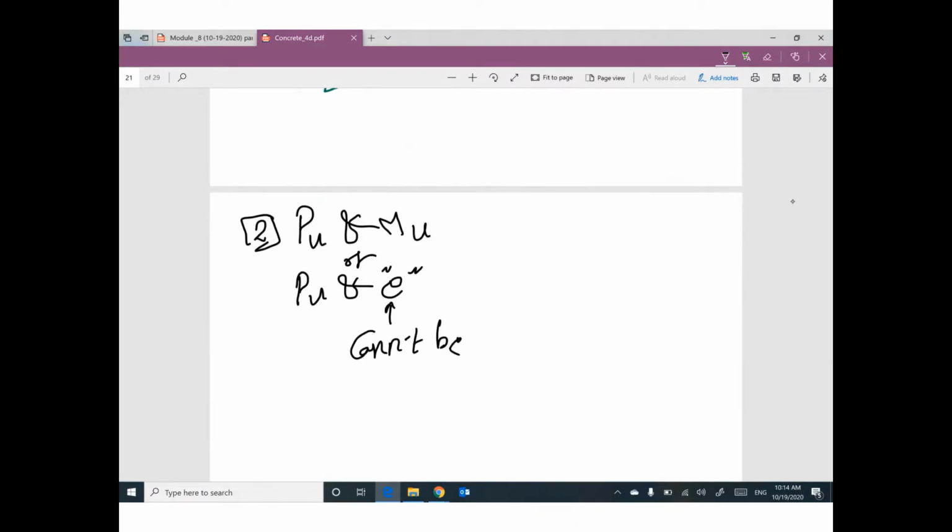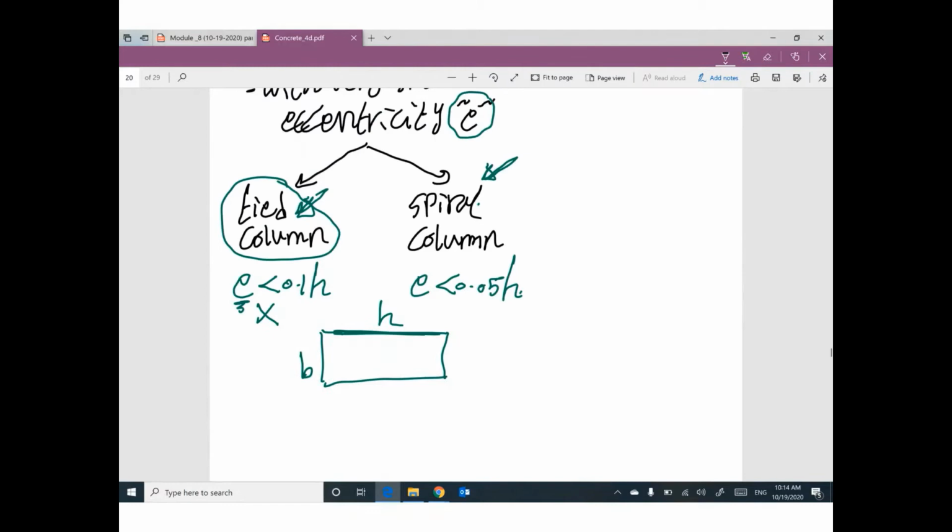You have to consider it. If this eccentricity is smaller than 0.1 h, forget it. Neglect it. In case of spiral column, if this eccentricity is smaller than 0.05 h, forget it. And we are in this case.